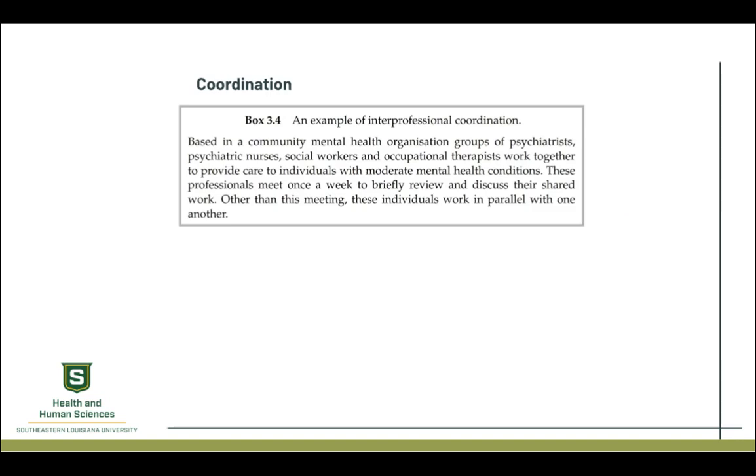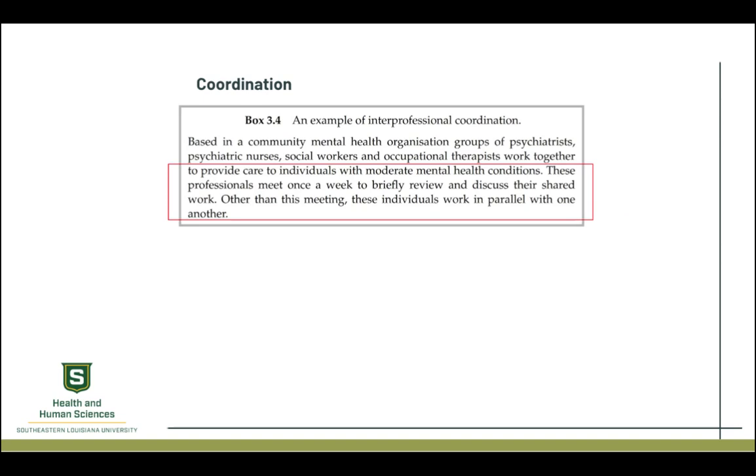So with coordination, they are meeting even less than in collaboration. In this case study, the professionals meet once a week, and when they meet, they are just briefly reviewing and discussing their shared work. They may not necessarily be talking about particular patients.